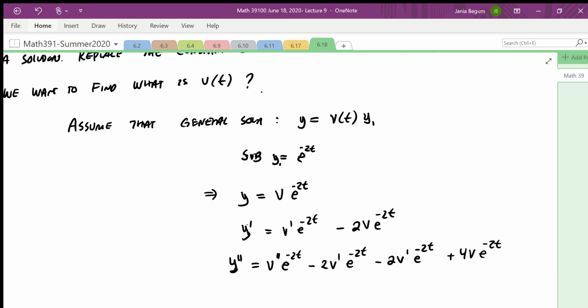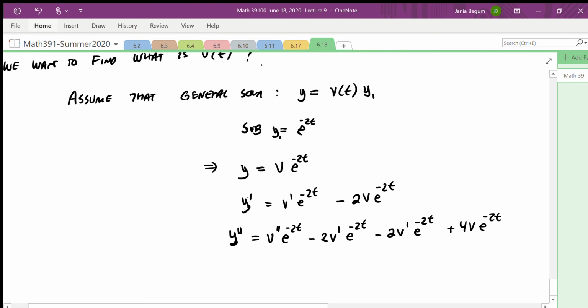Before I plug them in, I can combine like terms. So my y double prime will be v double prime e to the negative 2t, and these two are like terms, so I combine them to get negative 4v prime e to the negative 2t. And the last one is 4v e to the negative 2t. Do you have any questions so far?